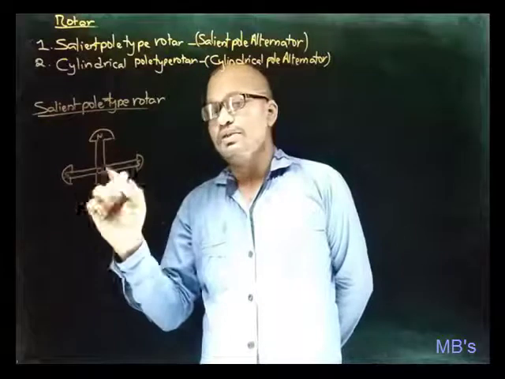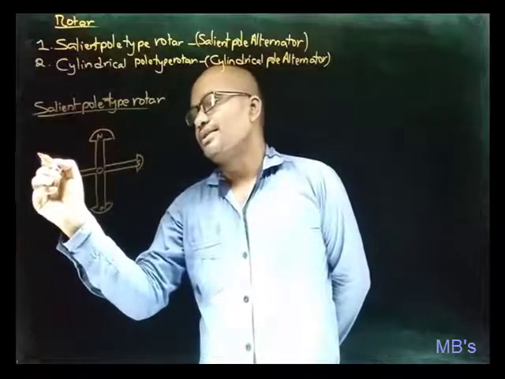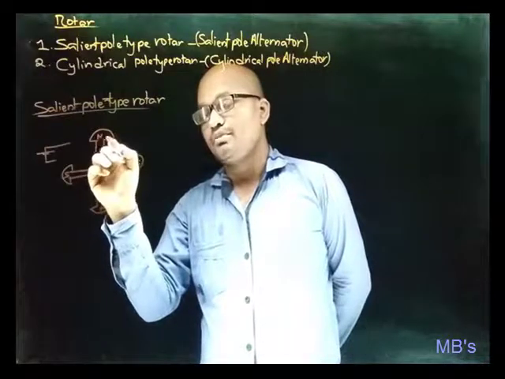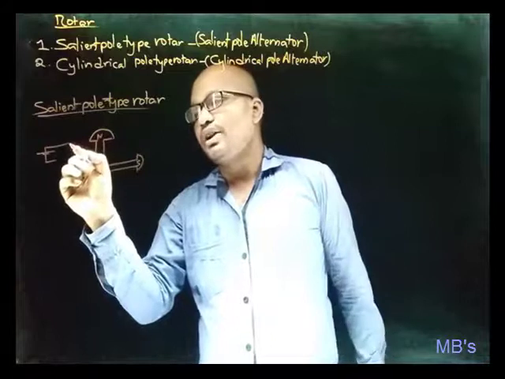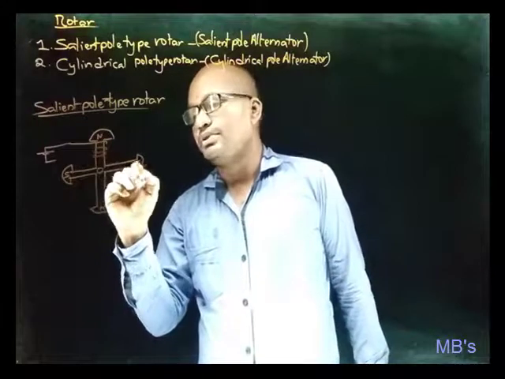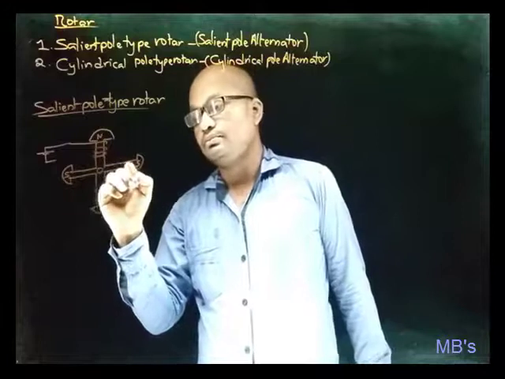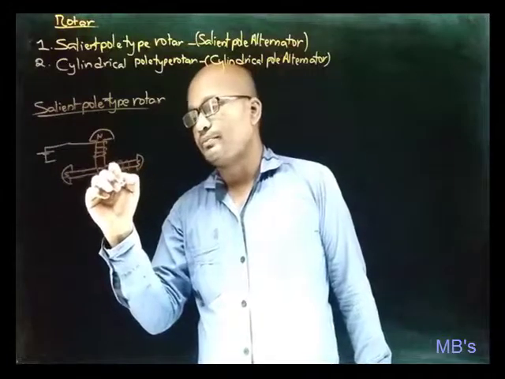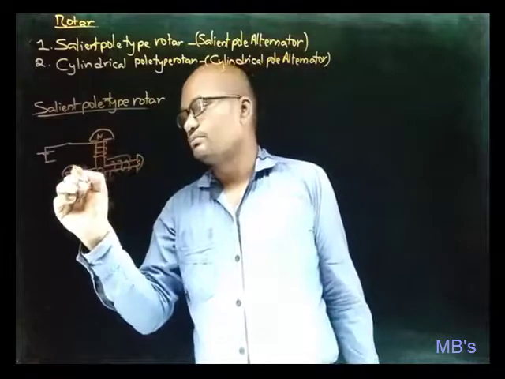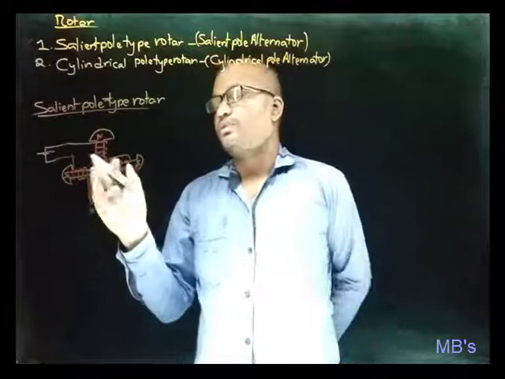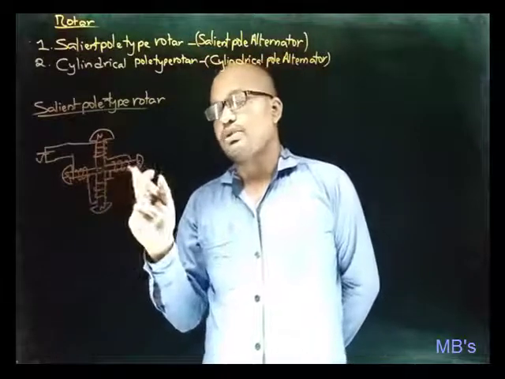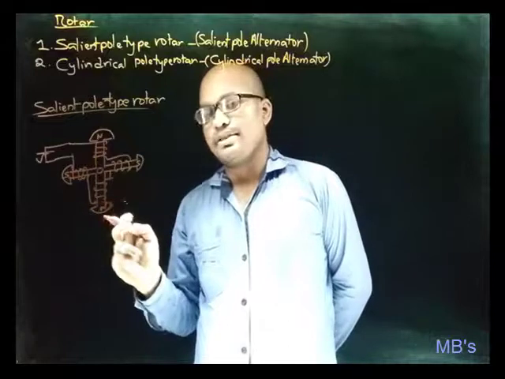And to form these poles, rotor requires DC excitation, and to act this pole as north pole, wound the winding like this, and to make this act as south pole, wound the winding like this, and start like this. So now, by this way of connection, here this pole acts as north pole, this pole acts as south pole, this pole as north pole, and this pole as south pole.